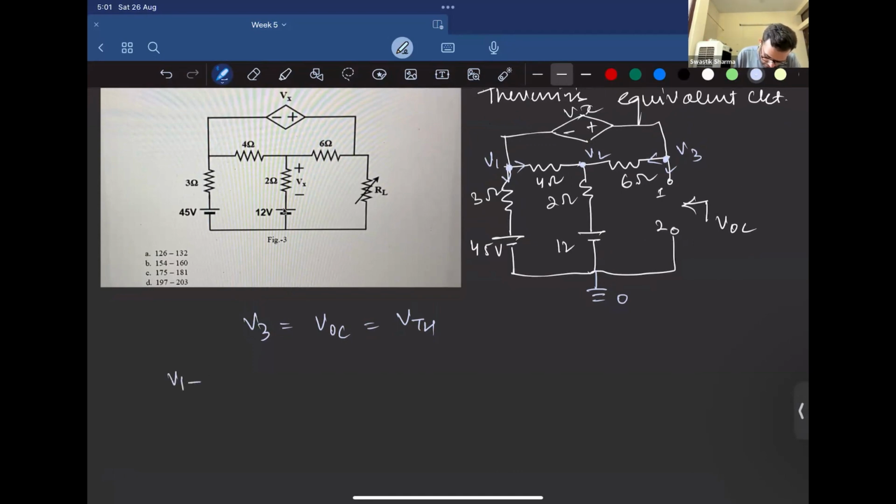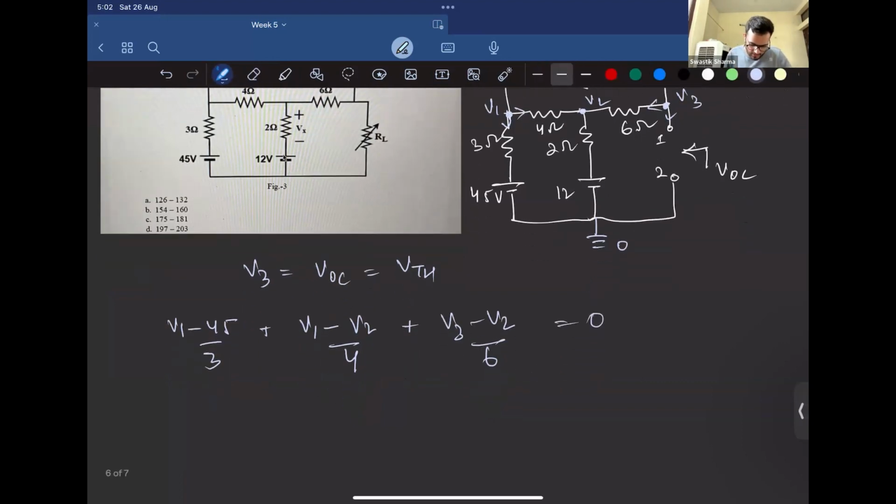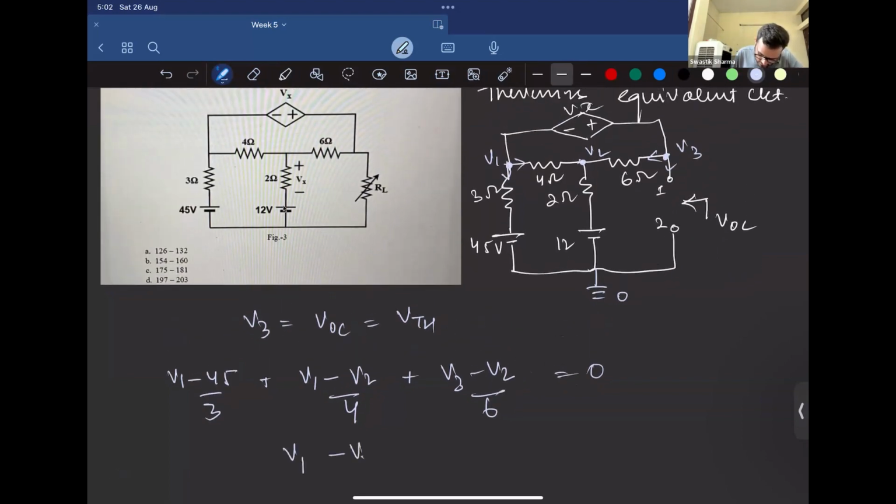We'll have (V1 minus 45) by 3 plus (V1 minus V2) by 4 plus (V3 minus V2) by 6, plus this current is zero. And also V1 minus V3 is equal to minus Vx, right?